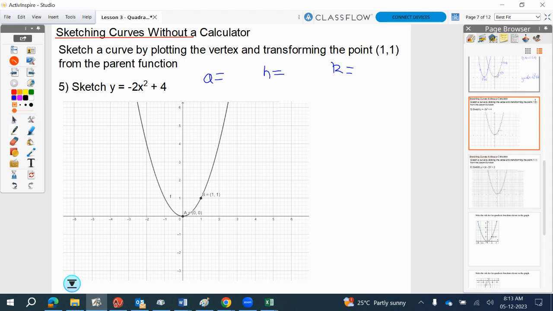Let me write down the question so we can see it. What are we multiplying x by? Is it 2? So a is negative 2. What are we having at the end? What is the change inside the bracket?